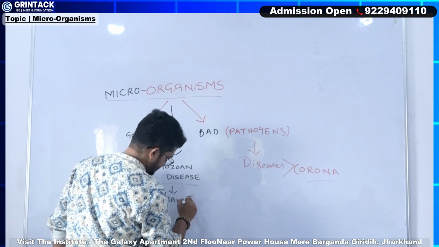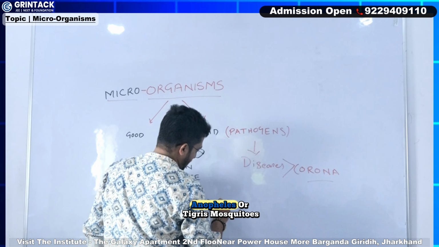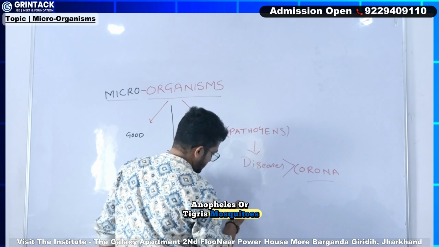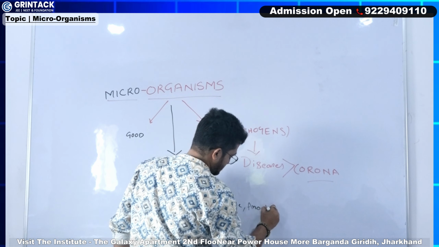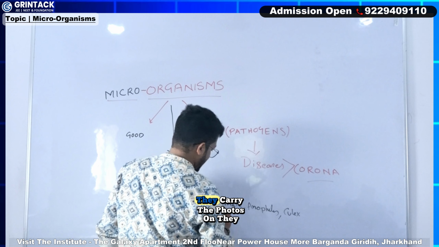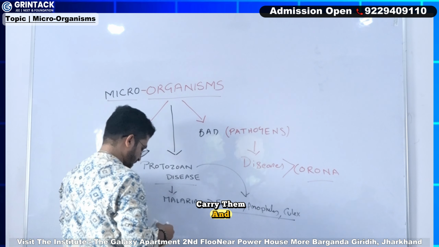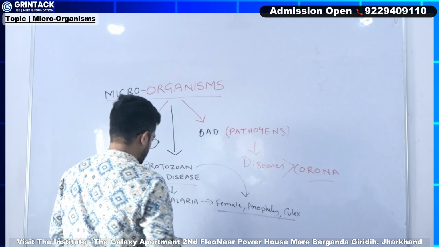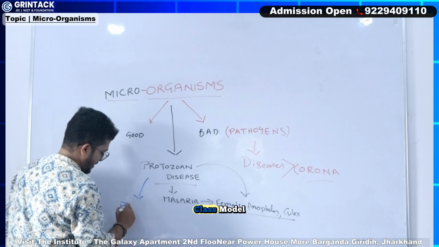It is mostly carried by female Anopheles or Culex mosquitoes. They carry the protozoan, and it is mainly caused by a protozoan called Plasmodium.